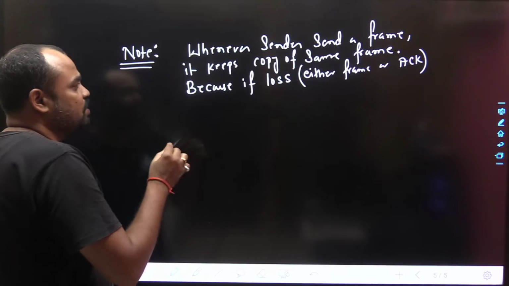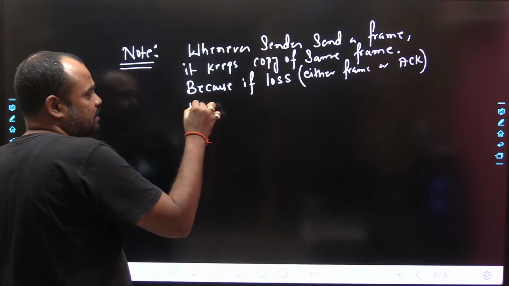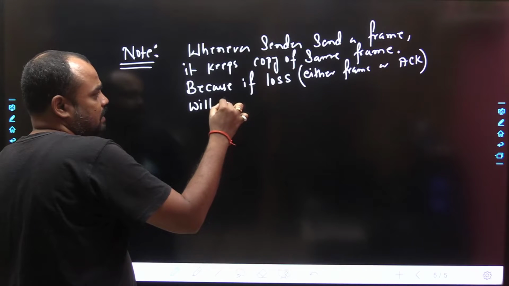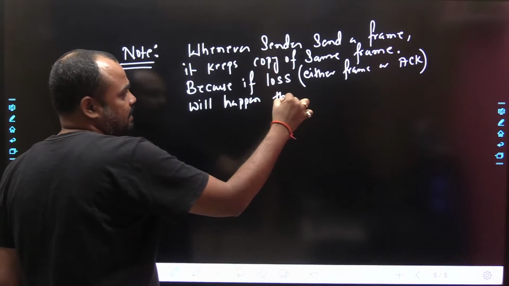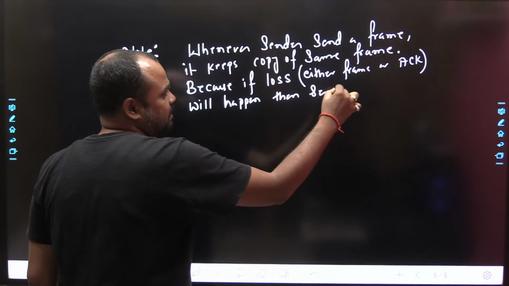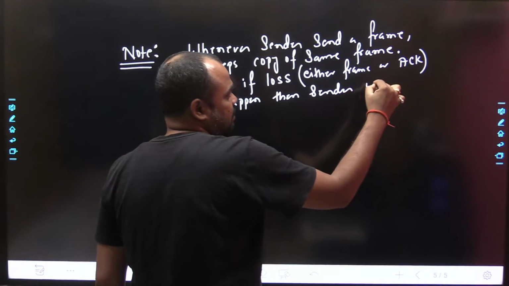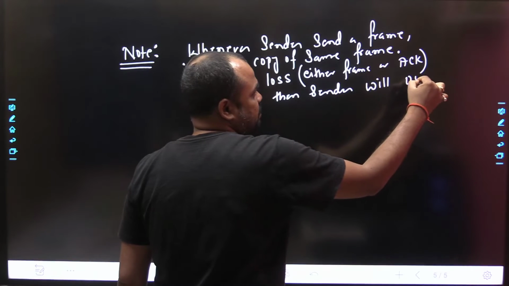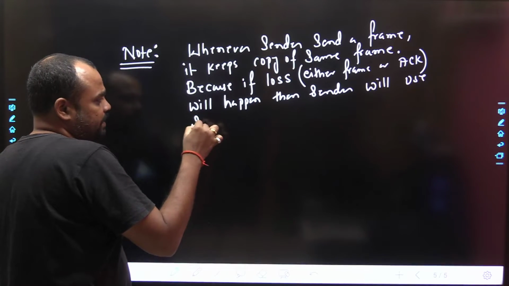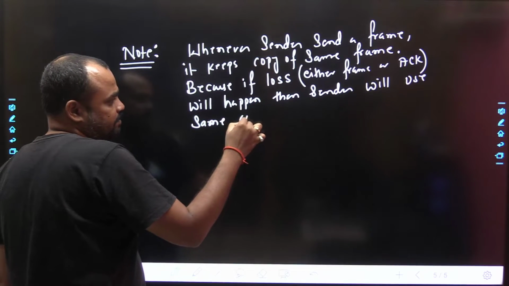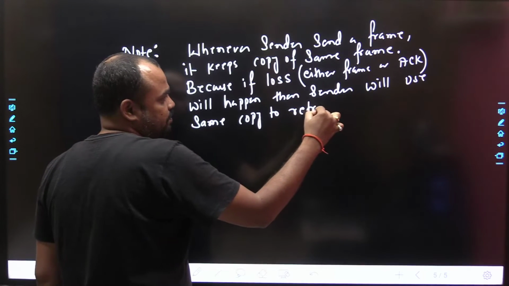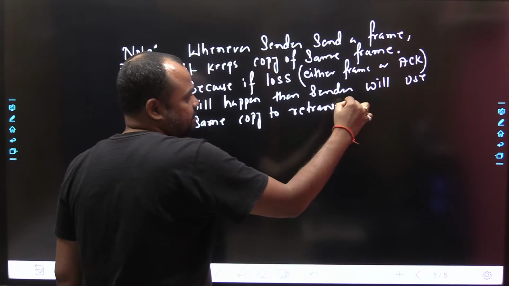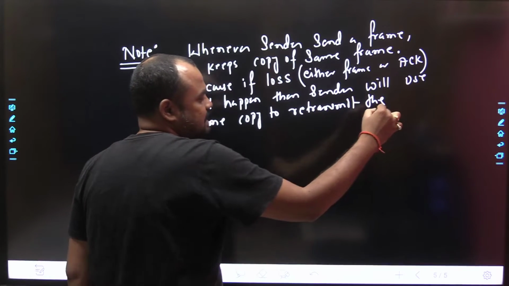So because if loss happens, then the sender will use the same copy to retransmit the same frame.